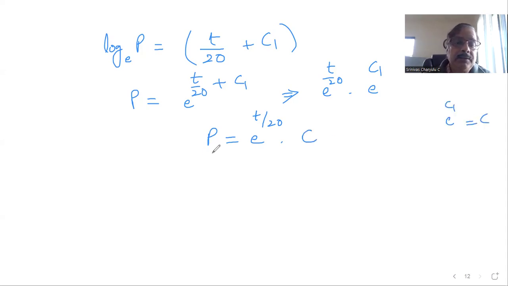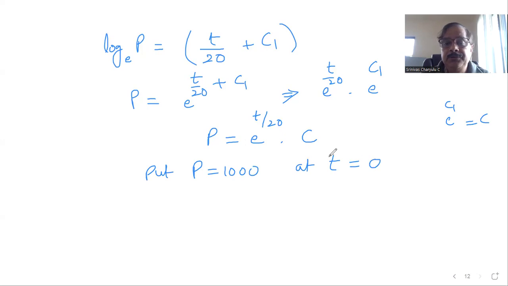Now what are the initial conditions here? Put P is equal to 1000 at t is equal to 0. To solve for c, 1000 is equal to e to the power of 0 by 20 into c.